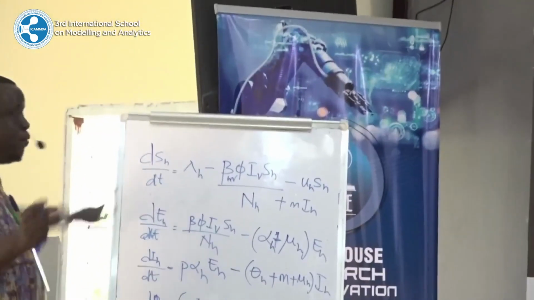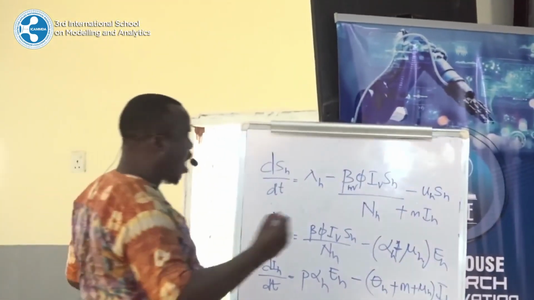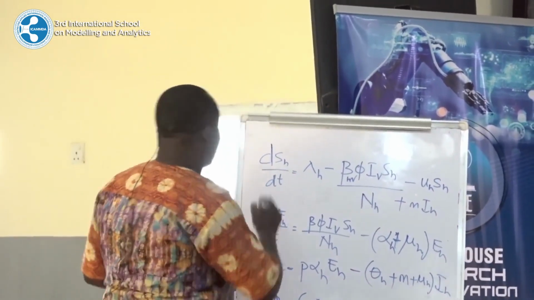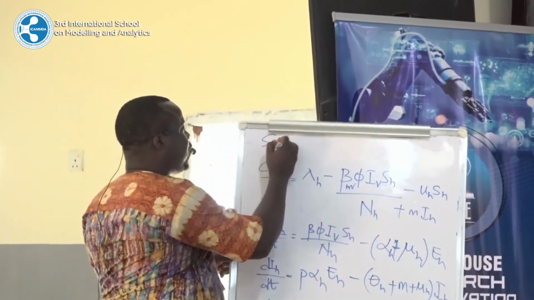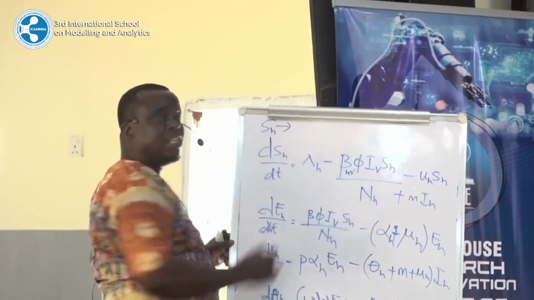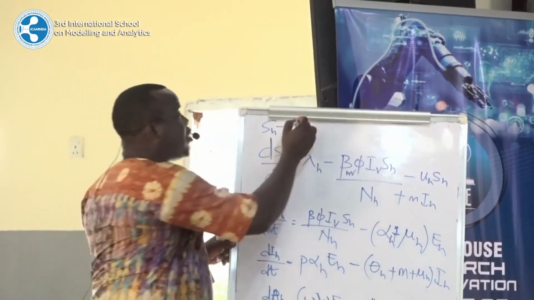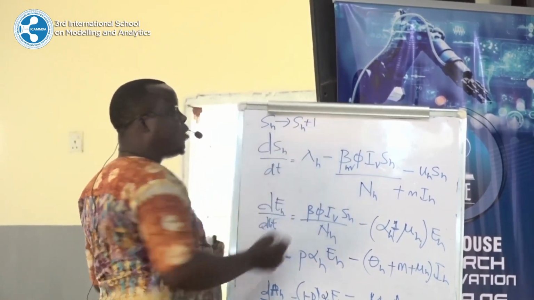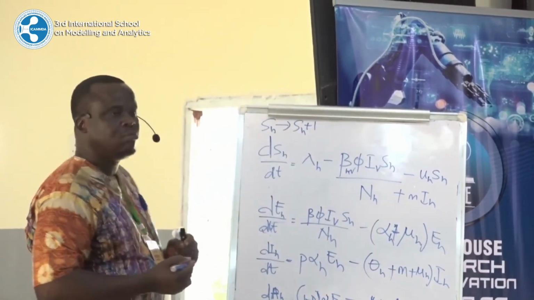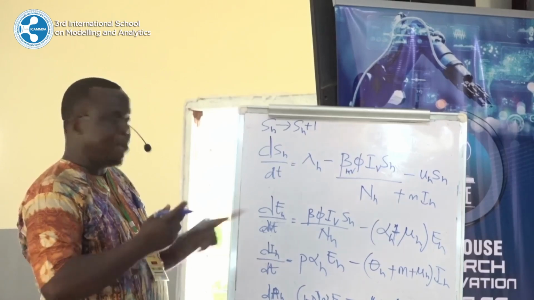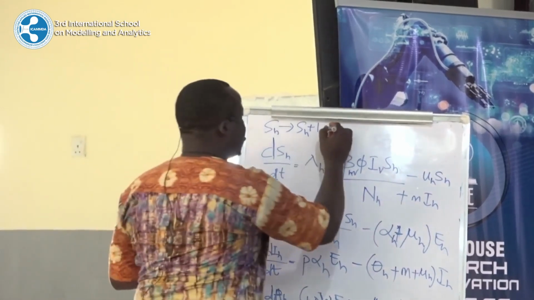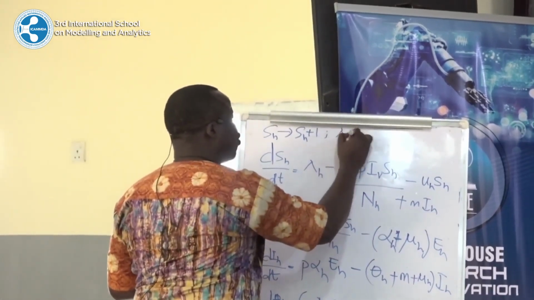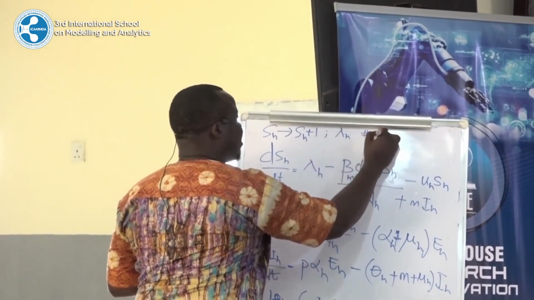So for the first class, we have how many events? SH is being transformed into SH plus 1. So how is SH being added to? By births, so by births, standard age by births.